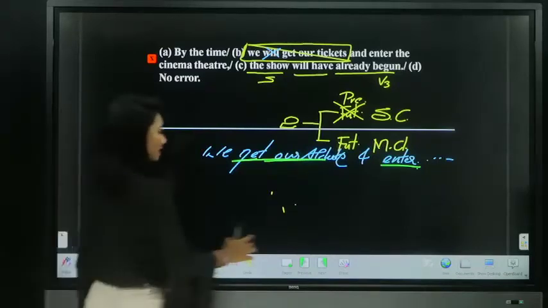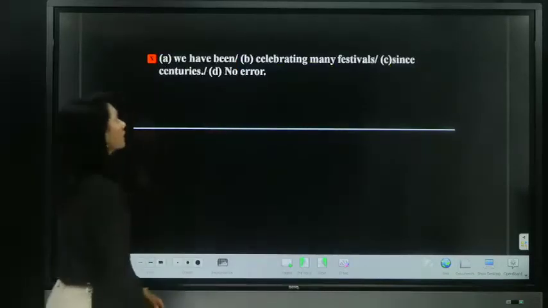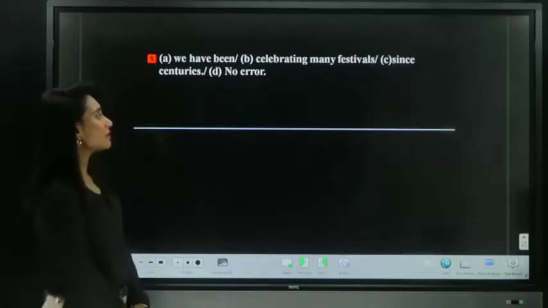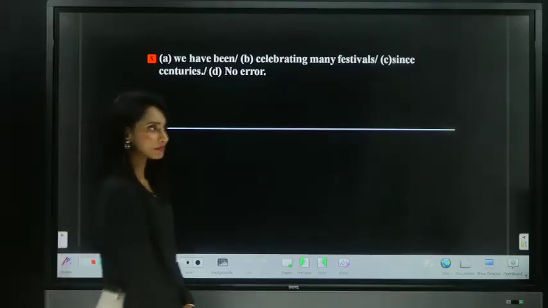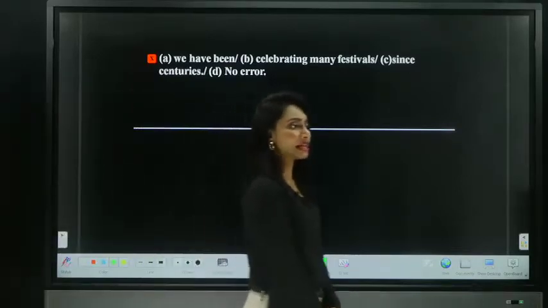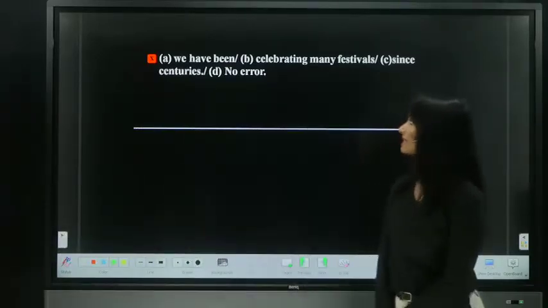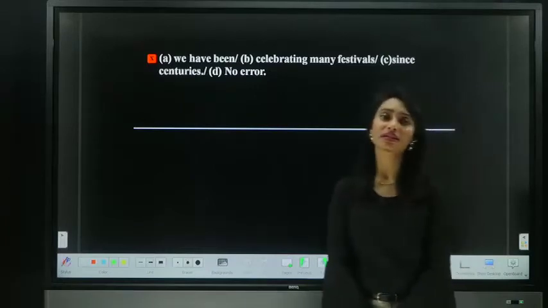Now look at the next sentence. We have been celebrating many festivals since centuries. Quick. We have been celebrating many festivals since centuries. What do you think is the error? Quick.